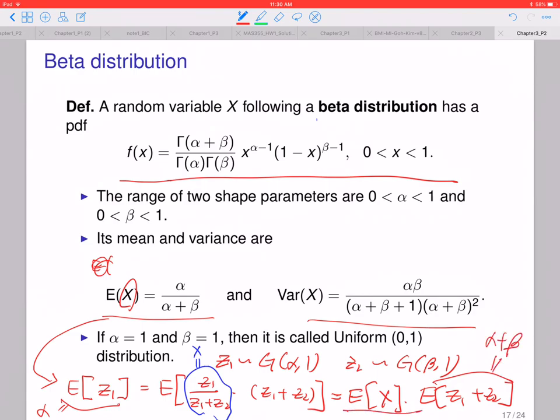So E[X] is alpha divided by alpha plus beta. So that we can prove. Well, this one is a little more complicated, involving computing the second moment, but you can try. Maybe I can give it as homework.